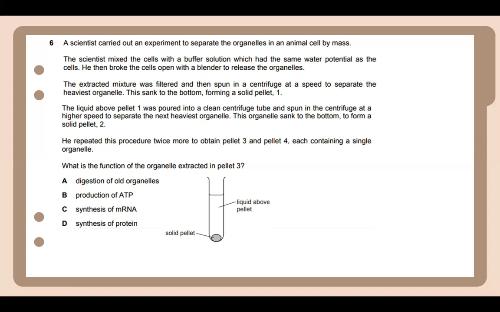This sinks to the bottom to form a solid pellet 1. The liquid above pellet 1 was poured into a clean centrifuge tube and spun in the centrifuge at a higher speed to separate the next heaviest organelle. This organelle sinks to the bottom to form a solid pellet 2. He repeated this procedure twice more to obtain pellet 3 and pellet 4, each containing a single organelle.